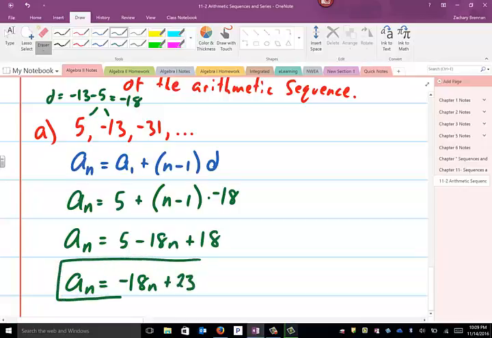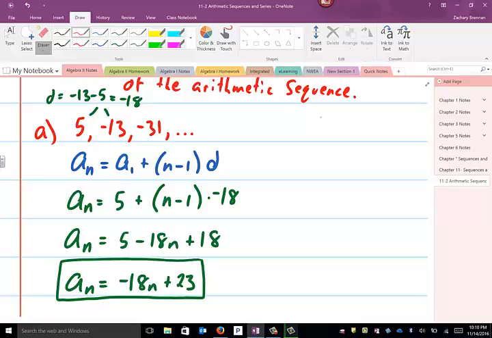That's the formula. That's the equation. Where this is really awesome is now that we have this, I can tell you any number you want. If you want to know a sub 10, we put a 10 in where the n is. If you want to know a sub 100, put the 100 in where the n is. This makes it so that we can find any number we want almost immediately.